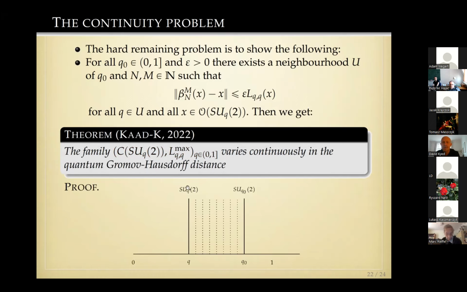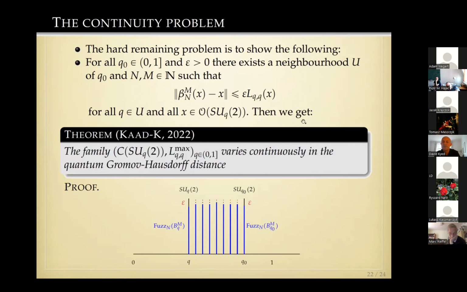So if you're given an epsilon, then at the fiber Q, if you choose your n and m big enough, you can pass down to the fuzzy spectral bands, losing only an epsilon in quantum Gromov-Hausdorff distance. But because these fuzzy bands are finite dimensional, we saw already that when you start moving in your fiber, you get something which varies continuously. So if Q is chosen close enough to Q0, the fuzzy band is as close as I wish, within an epsilon, say, to the fuzzy band at the fiber Q0.